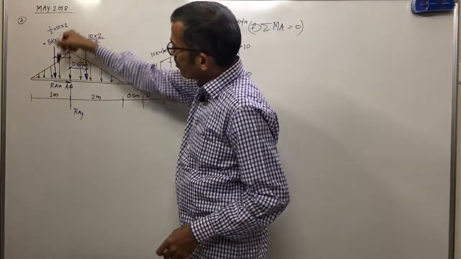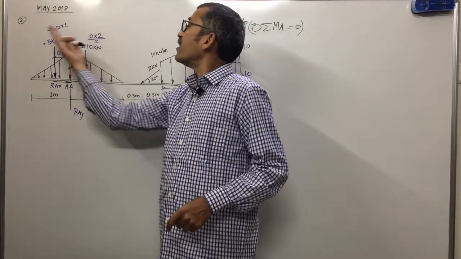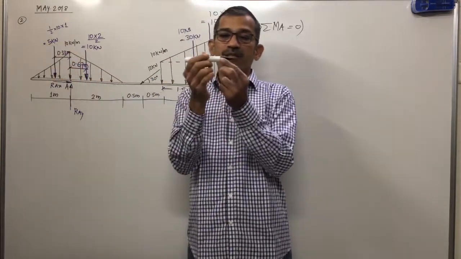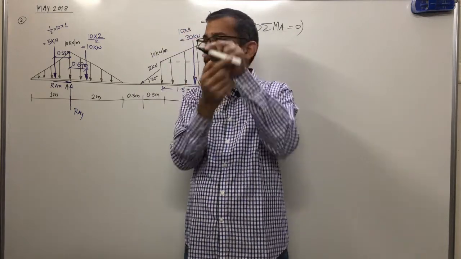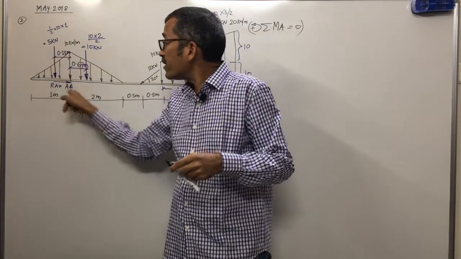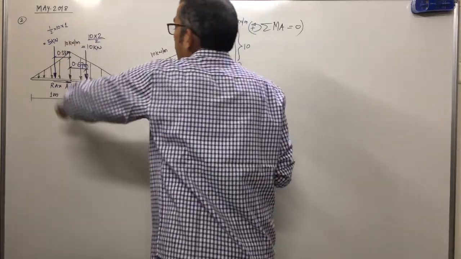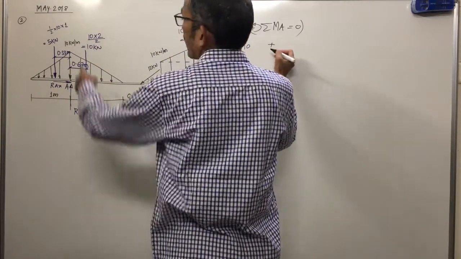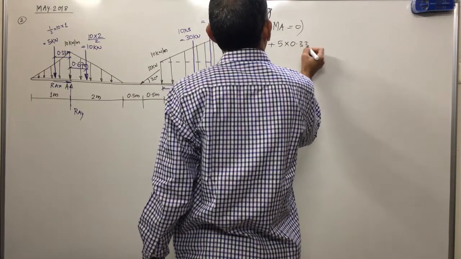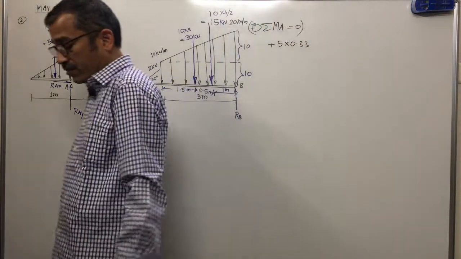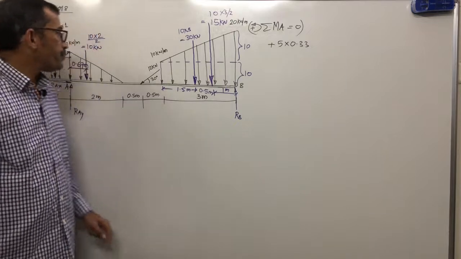This 5 kilonewton is on the left side of A. How will this rotate? Anti-clockwise, right? So I will write plus the magnitude of force 5, distance is 0.33. First term clear. Moment part is very, very important.